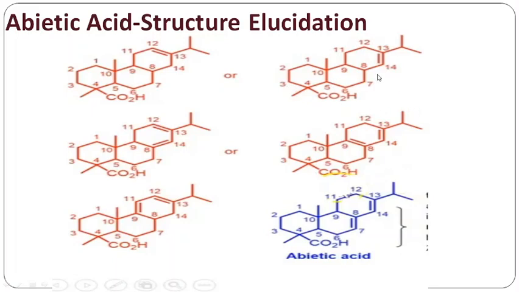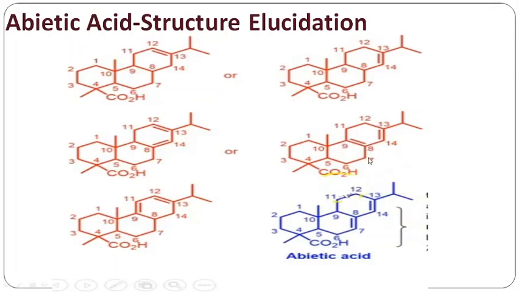Or secondly, if we assign the position 13-14, the next position of the double bond can be either 11-12, which again forms a homoannular diene, or it can be at the 8-9 position, again forming a homoannular diene.